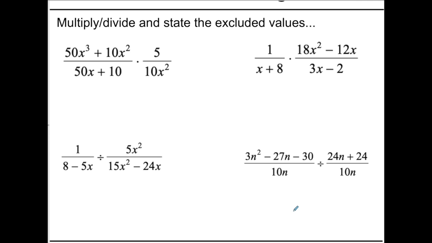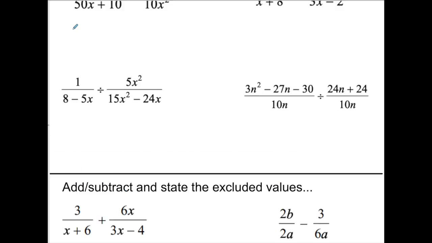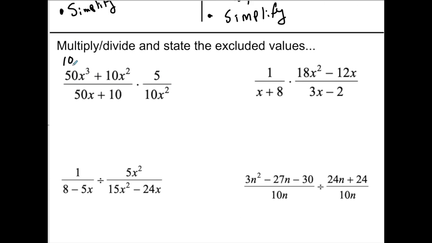So the first thing I'm going to do is factor. I'm going to take out that 10, actually a 10x squared, and I've got a 5x plus 1. Here I've got a 10 down bottom, and 5x plus 1.